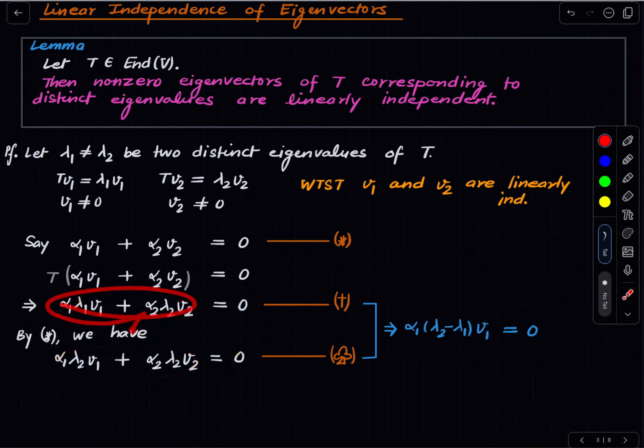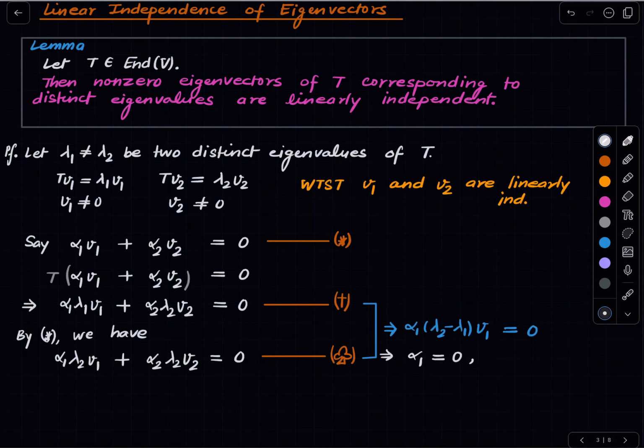But what is this minus that? That is equal to this thing, because the other two terms cancel out. So we get this equation. Now lambda 2 and lambda 1 were different, so this is non-zero. V1 was picked as a non-zero vector. So if a scalar times a non-zero vector is 0, it forces that alpha 1 must be 0. This gives alpha 1 is equal to 0.